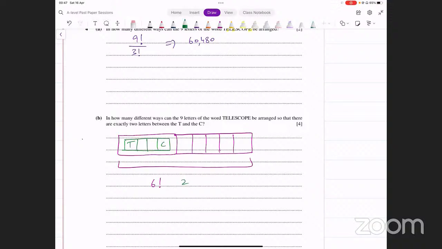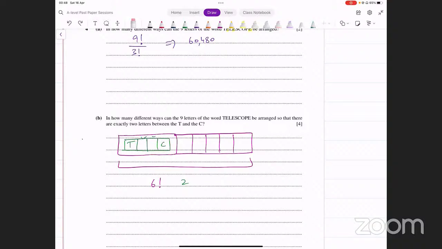And then what about these 2 boxes? In 2 boxes में क्या होएगा आपके पास? आपके पास कोई 2 letters आ रहे होंगे. अब मसला ये है, you don't know which 2 letters can be there. आपके पास बाकी 7 letters है ना total. उन 7 में से कोई भी 2 letters हो सकता है यहाँ पे.